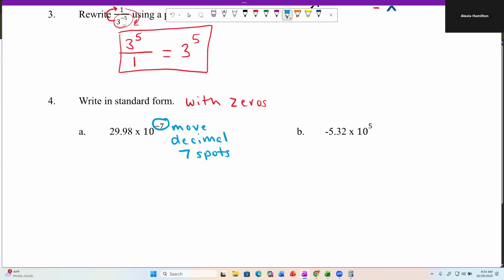And it's negative. Negative numbers on a number line are to the left. So I'm going to take my decimal point and I'm going to move it 7 spots. There's 1, there's 2, 3, 4, 5, 6, 7. Decimal point gets moved. Any spot that does not have a number is going to get filled in with a 0.